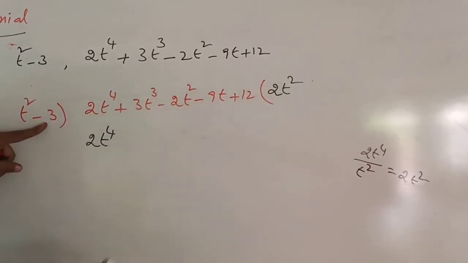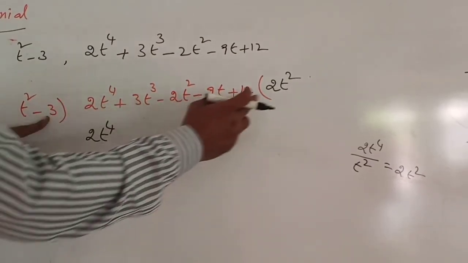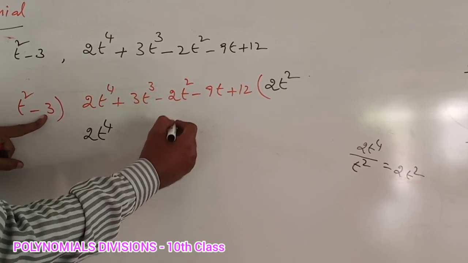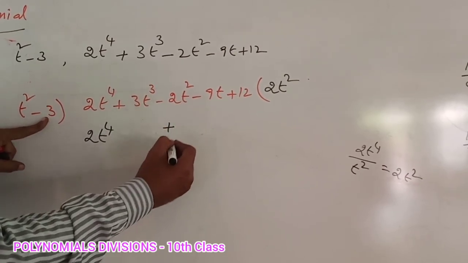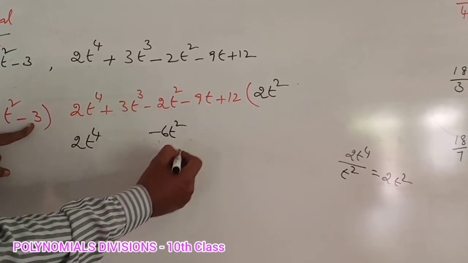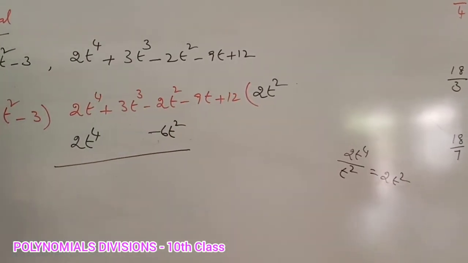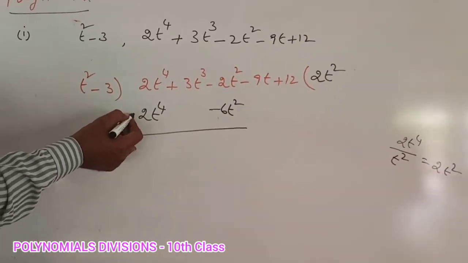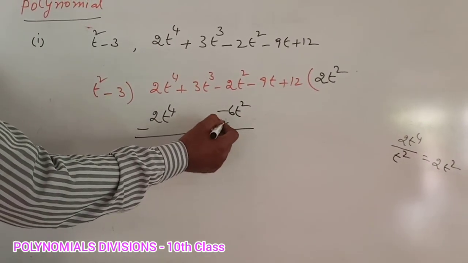Plus into minus, 3 into 2 is 6t square, so minus 6t square. Then subtraction means the symbols of the second polynomial are changed: positive value negative, negative value positive.